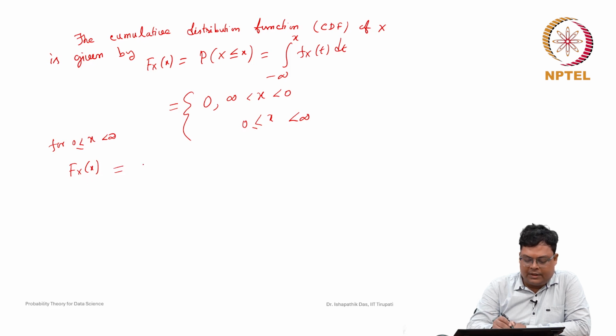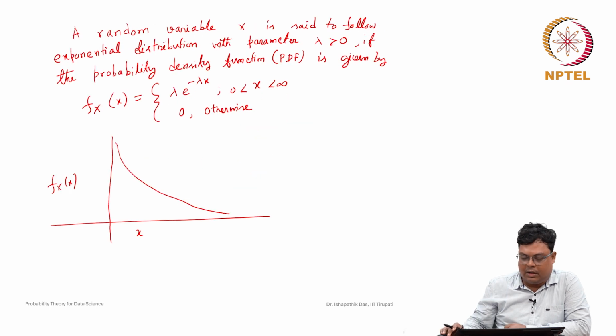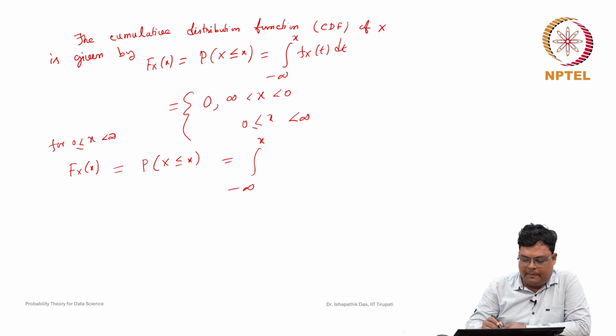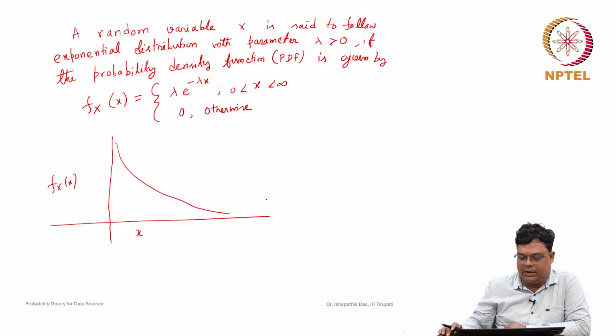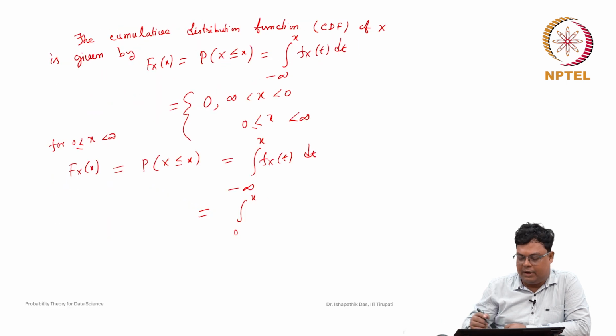So, F of x is probability X less than or equal to x, which is the integral from minus infinity to x of f of t dt, but the density is non-zero only from 0, so it is the integral from 0 to x of lambda e to the power of minus lambda t dt.